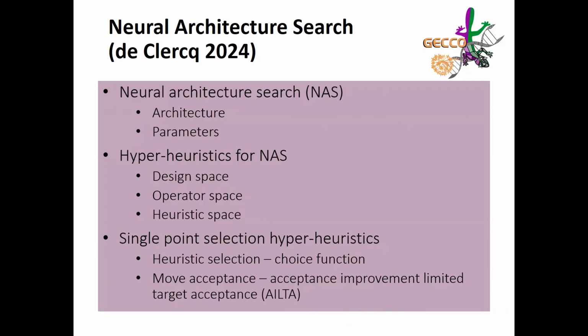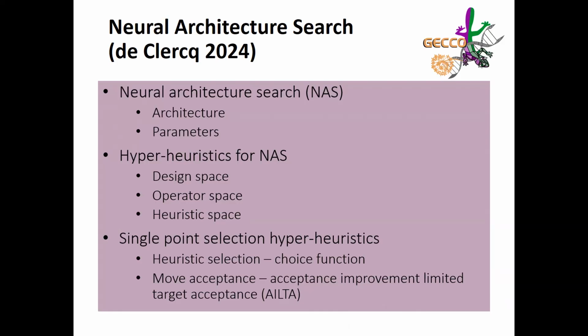So we used a very, very simple hyperheuristic. It was a single point hyperheuristic. And when I introduced selection perturbative hyperheuristics, I spoke about selection perturbative hyperheuristics that have a heuristic selector and a move acceptance component. So we chose a very simple one that used a choice function.